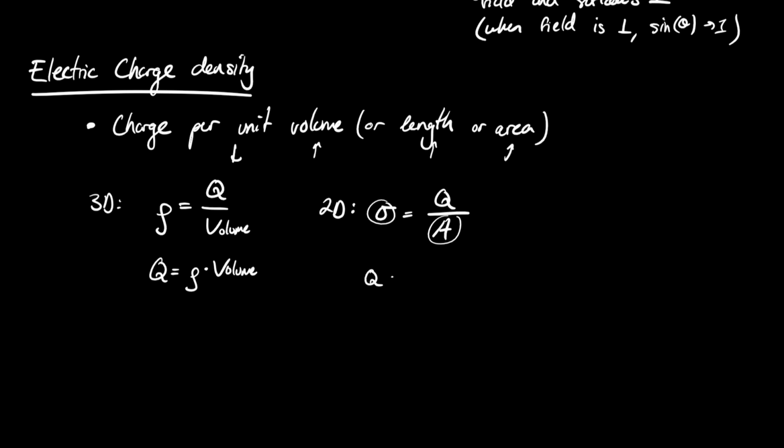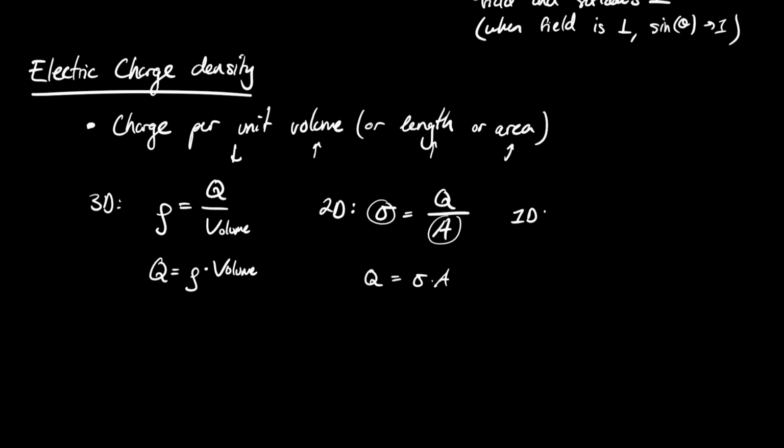So the rearrangement is the charge is the density times the area, right? This is amount of charge per meter squared, and this is how many meters squared you have, giving you, when you multiply them, the total amount of charge in those however many meters squared.